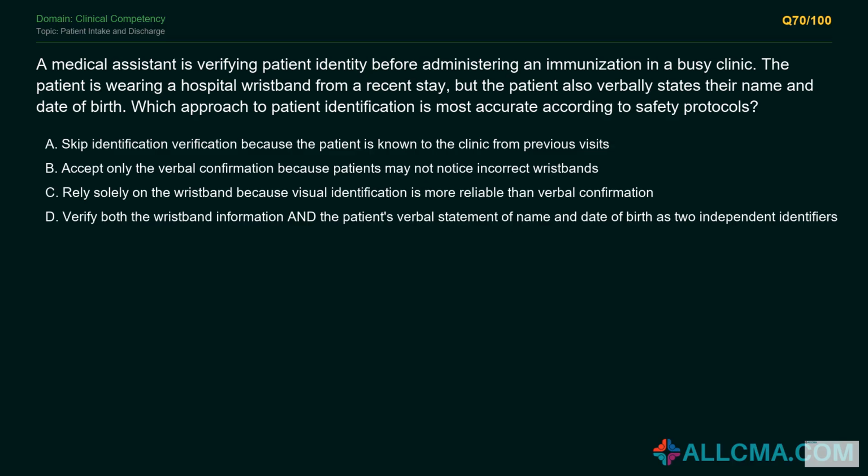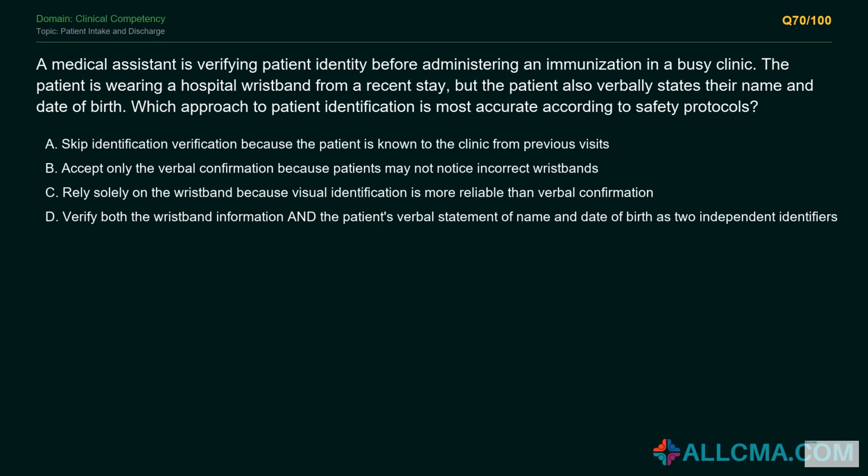Question 70. A medical assistant is verifying patient identity before administering an immunization in a busy clinic. The patient is wearing a hospital wristband from a recent stay, but the patient also verbally states their name and date of birth. Which approach to patient identification is most accurate according to safety protocols? Option A, skip identification verification because the patient is known to the clinic from previous visits.